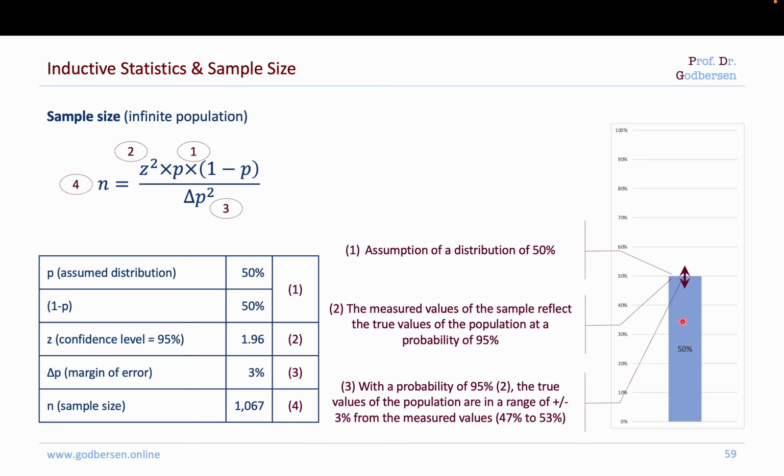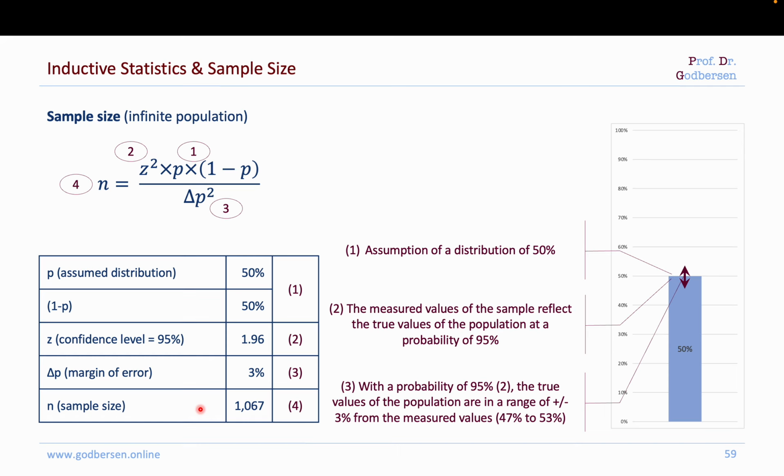So with the assumption of 50% measured, the true values will be somewhere between 47% and 53%. And if you put these numbers into the equation, you will come up with a sample size of 1067.